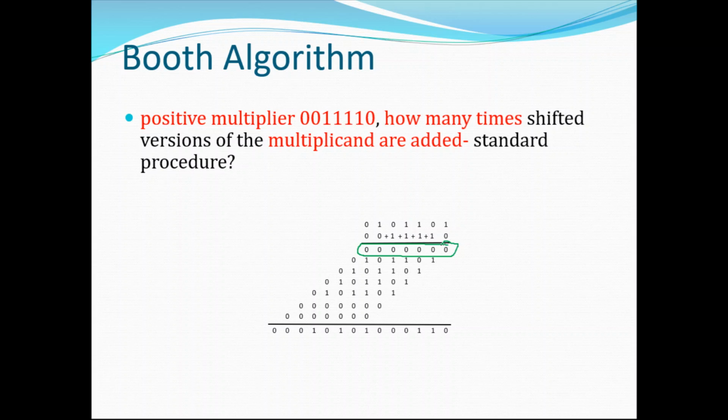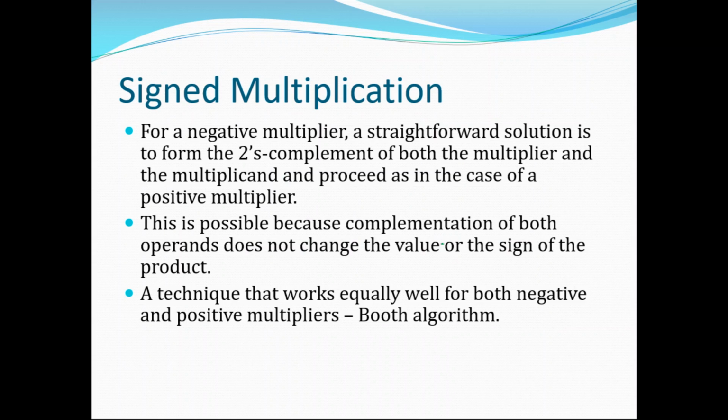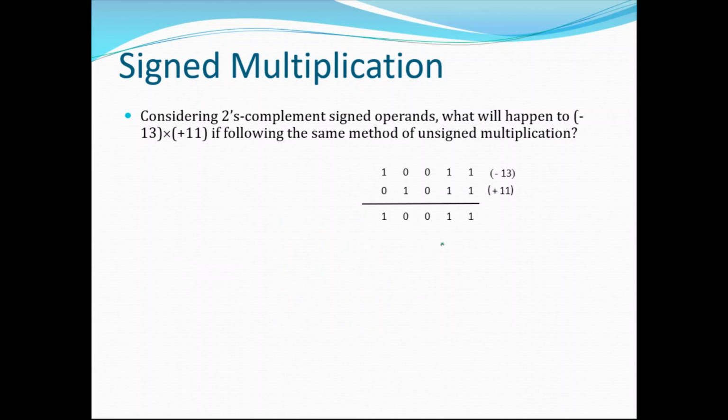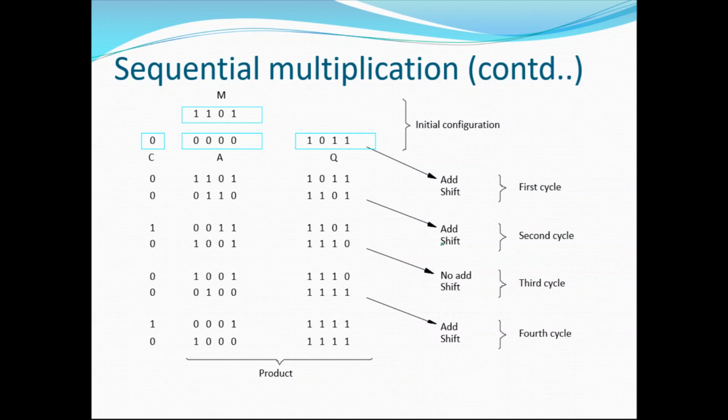If you recollect the sequential circuit multiplication, whenever the least significant bit is a zero, we won't add, we just shift, because the previous partial product has to be carried on.